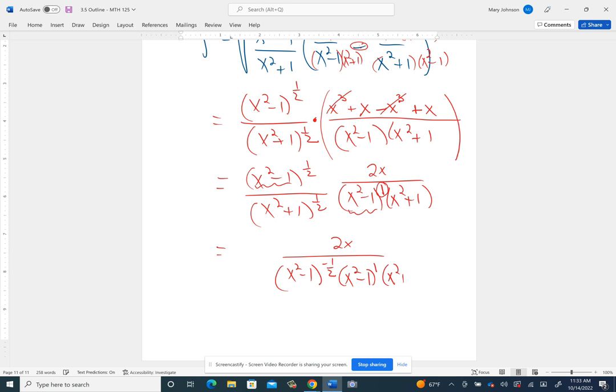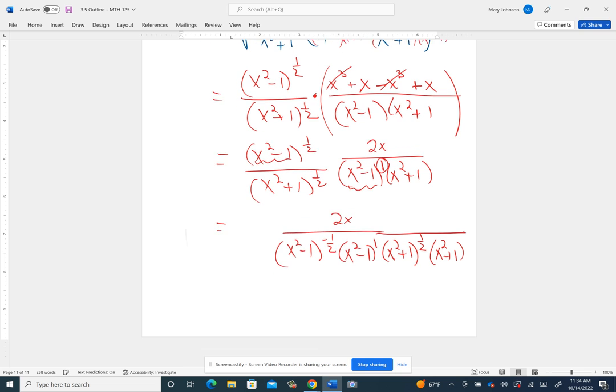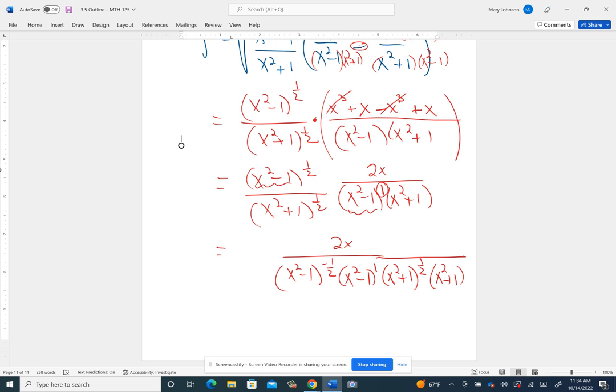And then the x squared plus 1 already was in the denominator. And so was the x squared plus 1. So when you're looking at this, these have the same base. So I really get x squared minus 1 to the 1/2. Then these have the same base, and that's an understood exponent of 1 on that last factor. So that would be x squared plus 1 to the 3/2.